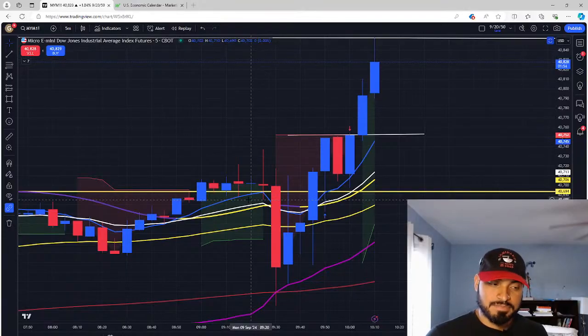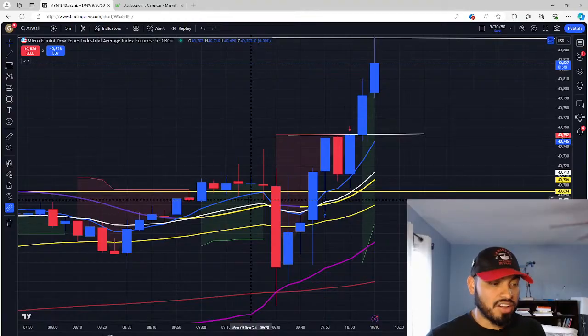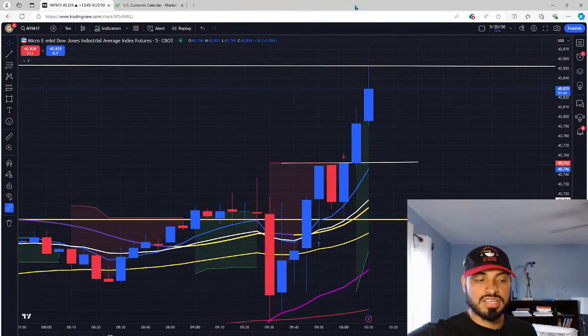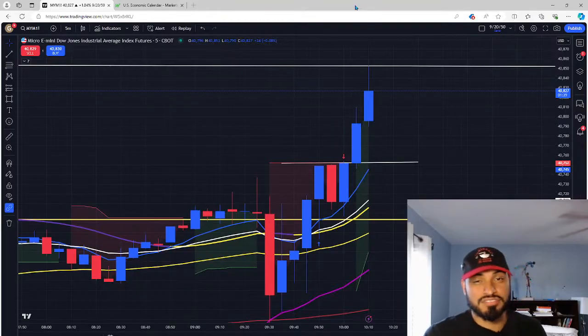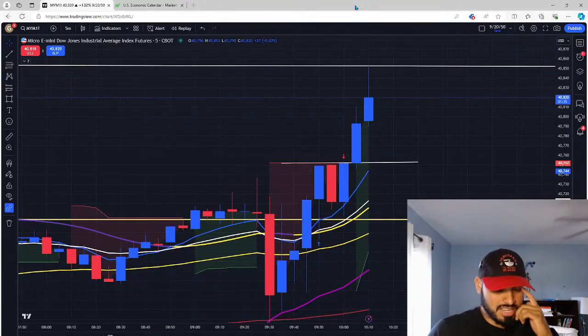So you don't have to wait for a confirmation of a candle or an indicator on the 5-minute. You don't have to wait for that confirmation when you can use a 3-minute or a 2-minute to take an entry there, because on the 5-minute, you know that you're bullish.